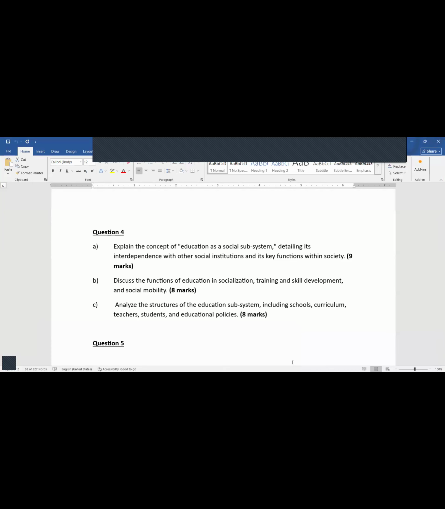Explain the concept of education as a social subsystem, detailing its interdependence with other social institutions and its key functions within society.